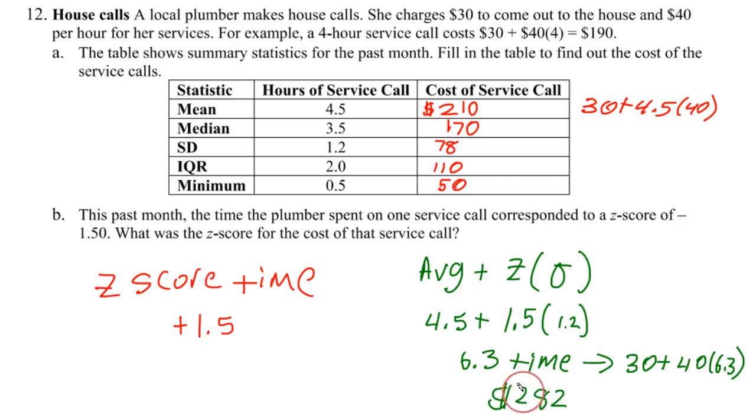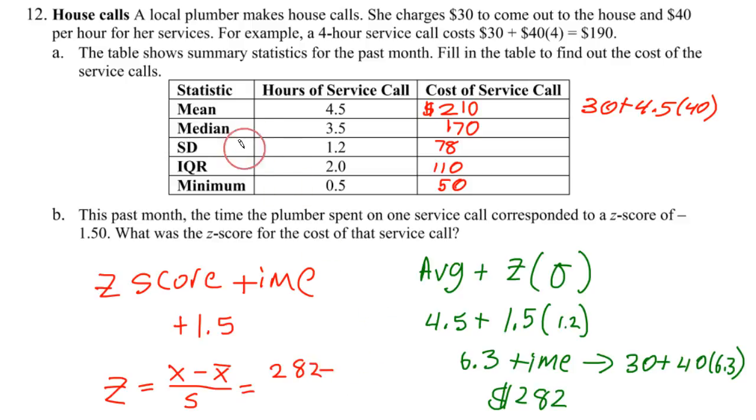Now, this cost needs to get converted into a z-score. Well, notice all of these red numbers right here are going to help me with that, because to get a z-score, we say that z is equal to our data minus the average all over the standard deviation. So in this case, my cost that I want to know is 282.